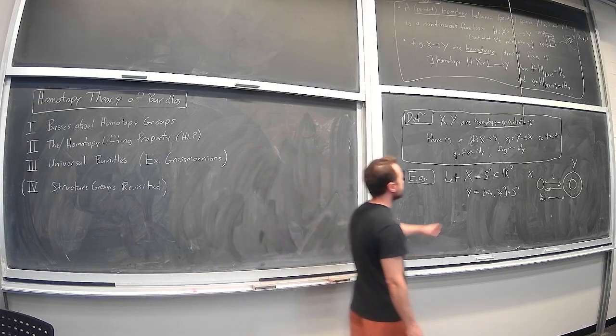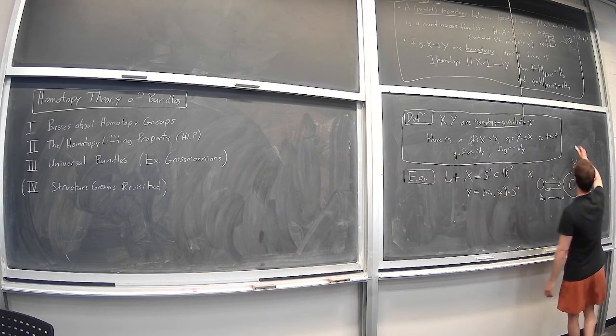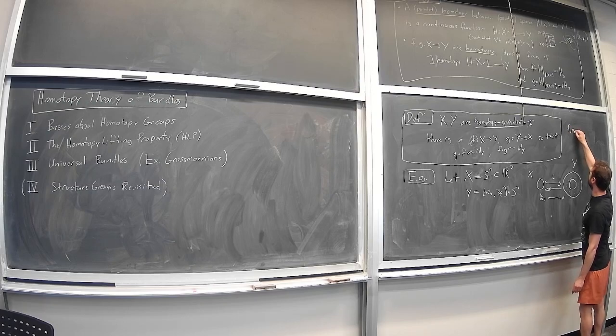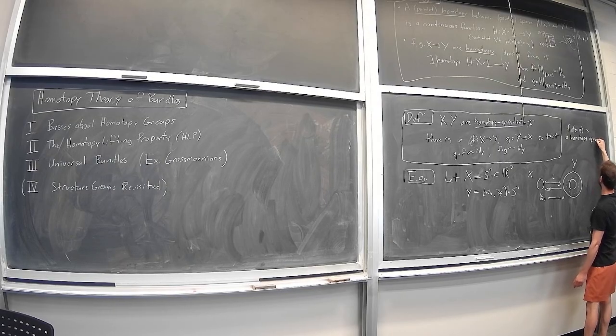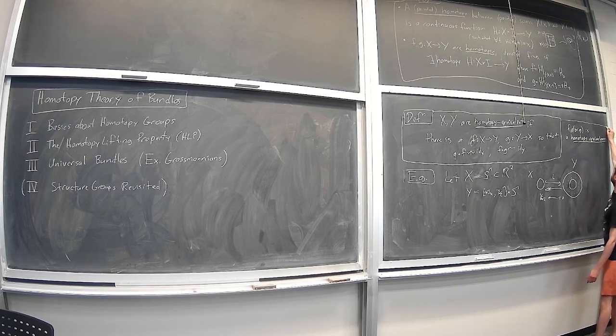And you call this pair, f, g, well, either one, f or g, is a homotopy equivalence. And you could also say that g is a homotopy inverse of f.